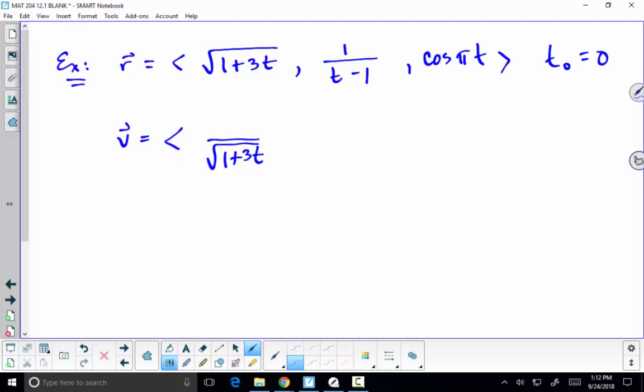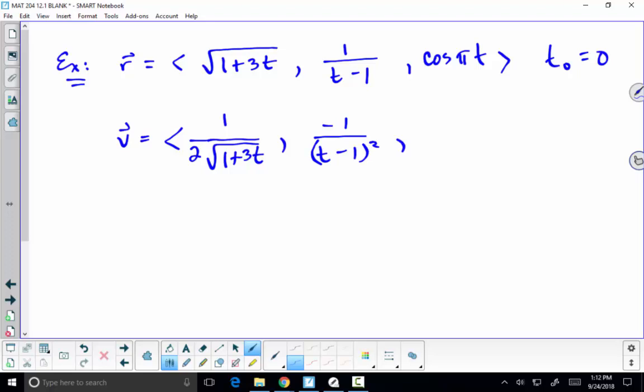So we have 1 plus 3t to the half, so it's 1/2 that quantity to the negative 1/2, so we get that. For the derivative of the middle term, we have to use the quotient rule. You can think of it as t minus 1 to the negative 1 if you want. However you use your quotient rule or do your derivatives. What should the power be?